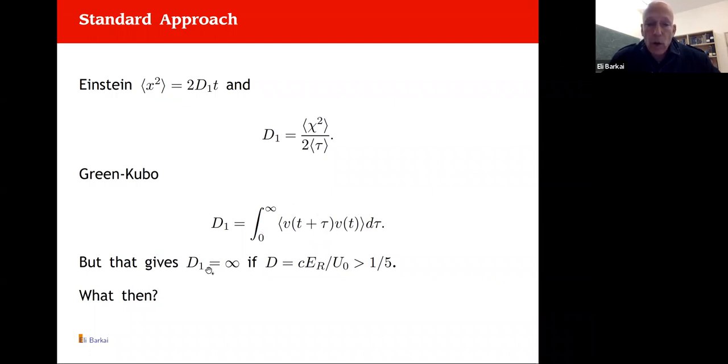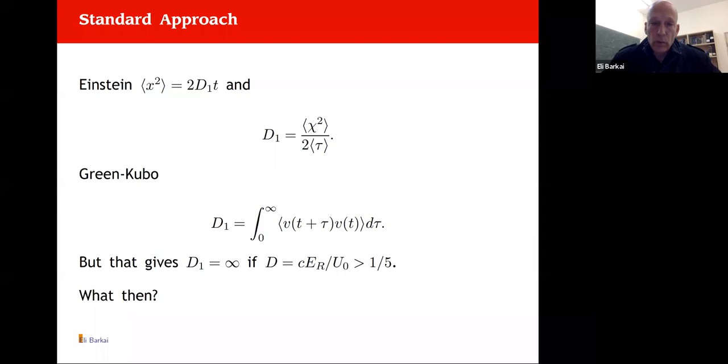But as we already saw, this gives you D1 equal to infinity when this D, the level of the noise that I introduced previously, given by the ratio with the optical lattice depth, is bigger than this 1/5 that I described before. So you cannot use both these equations, which are very famous in physics, when D, for example, is bigger than 1/5. So what do we need to do?